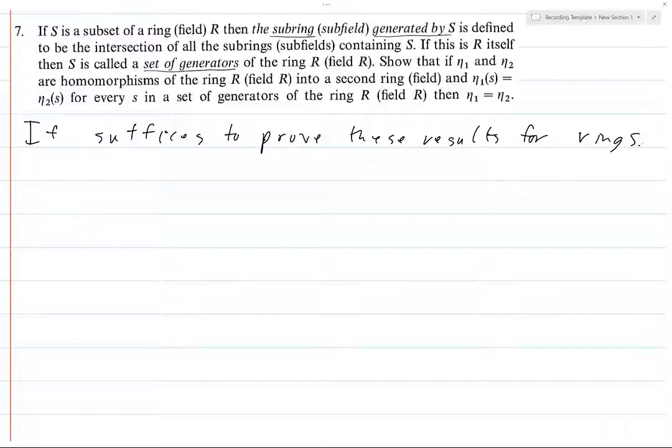So let's see here. Let eta 1 and eta 2 be maps from R to R prime.